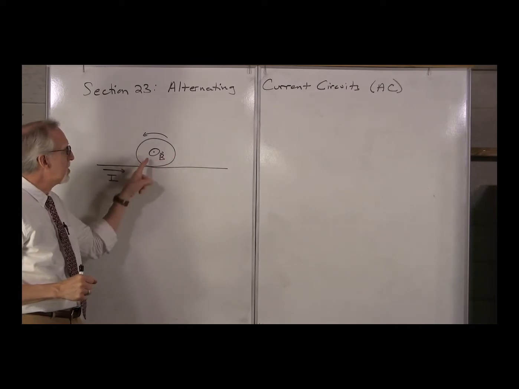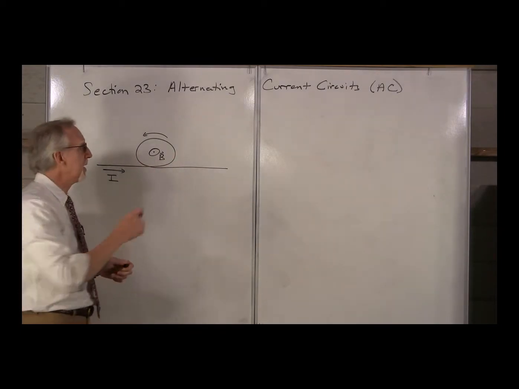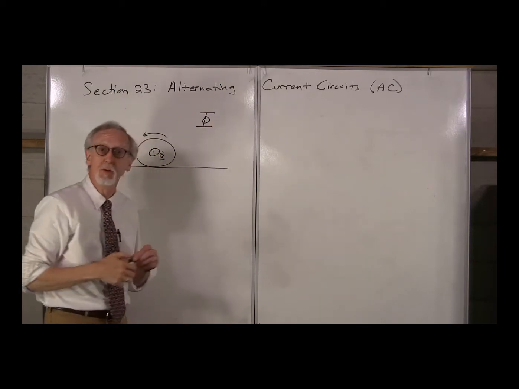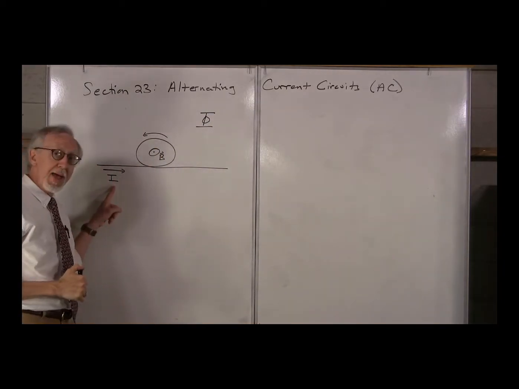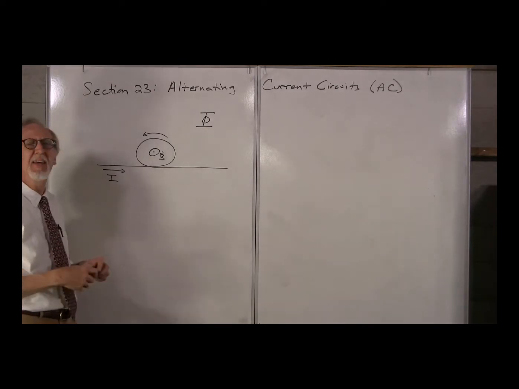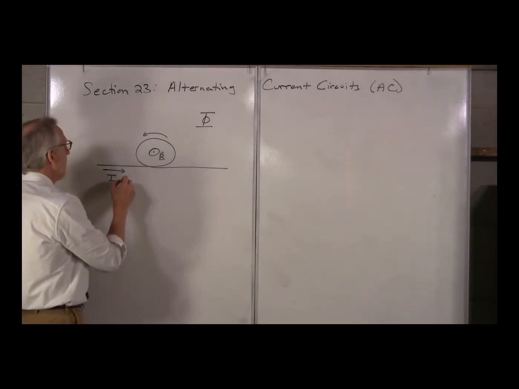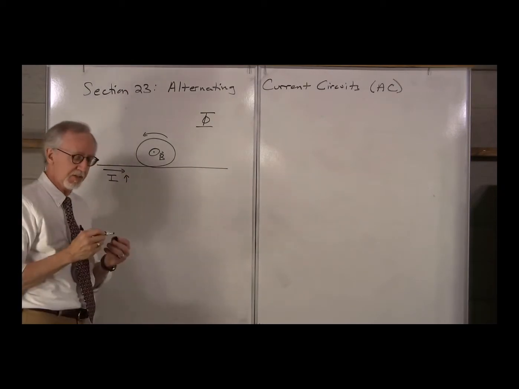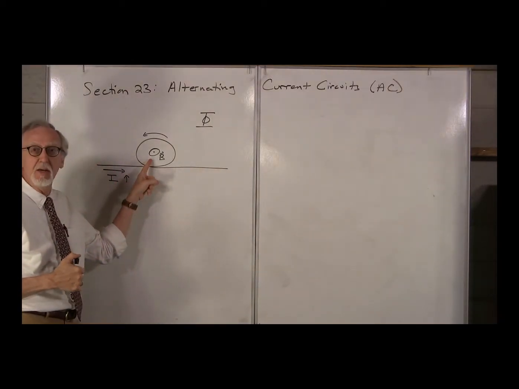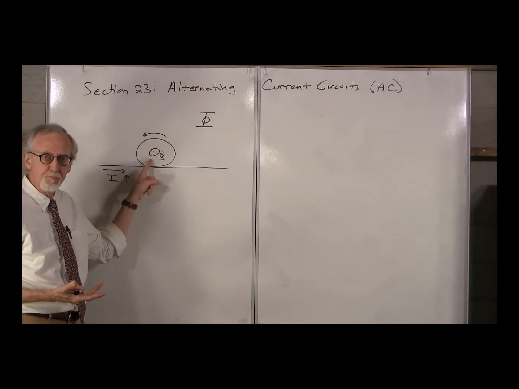So we've got a magnetic field within the loop that points out of the page. Well, we've got a loop with a magnetic field in it. What does that mean? That means we have a magnetic flux through the loop. What happens if the current starts to change? What if the current increases? Well, increasing the current increases the magnetic field.